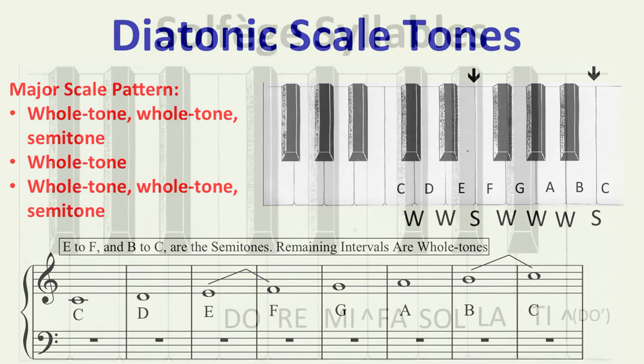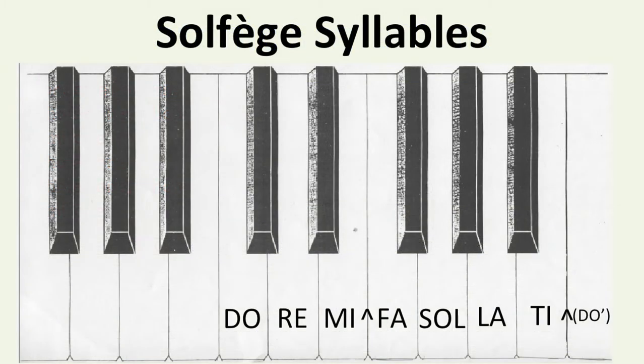These 7 tones correspond to the French solfège system of do, re, mi, fa, sol, la, ti, do. The position of the semitones is here indicated with a circumflex symbol.